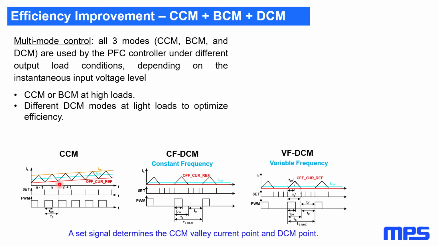So it's running, let's say, constant frequency CCM, then constant frequency DCM for some time, and then at some point, we'll even allow it to go into variable frequency DCM. But the key here is to always control that dead time that is inserted, and to keep maintaining a constant factor so that the input current is still in shape and in phase with input voltage.